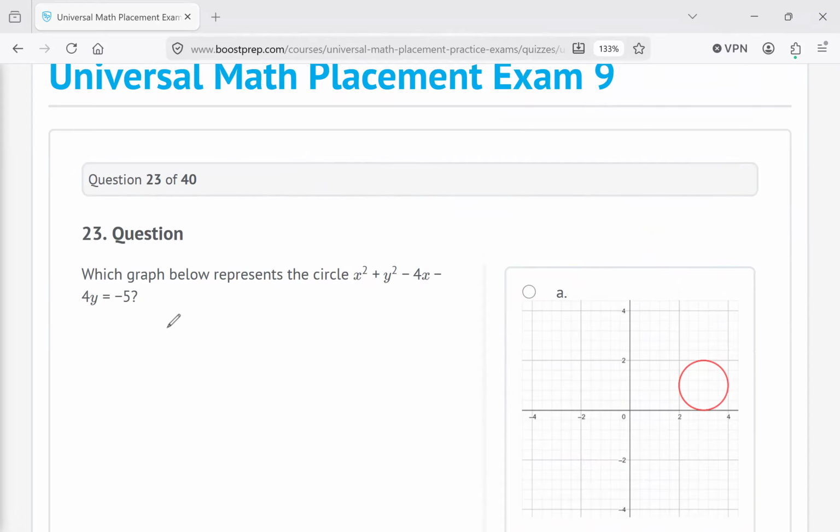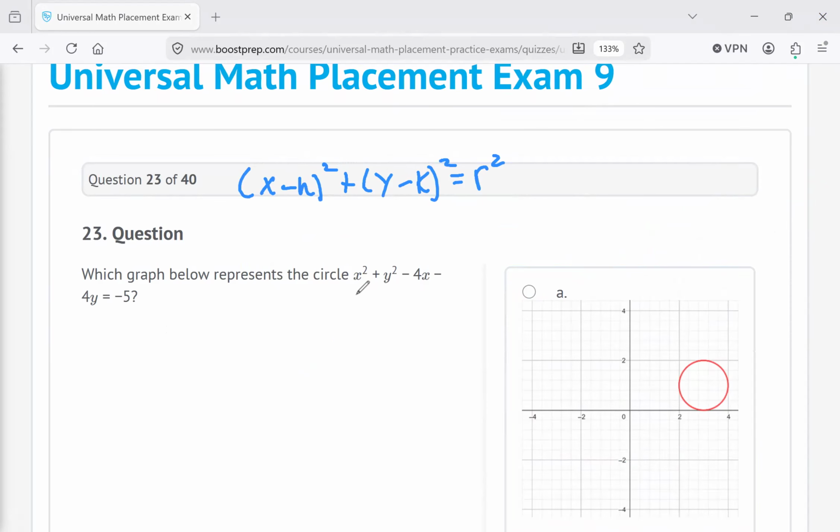23 says which graph below represents the circle x squared plus y squared minus 4x minus 4y equals -5. So what you've got to do is put this in standard form. So same formula, parentheses x minus h squared plus y minus k squared equals r squared, right? So you're going to have to do some completing the square.